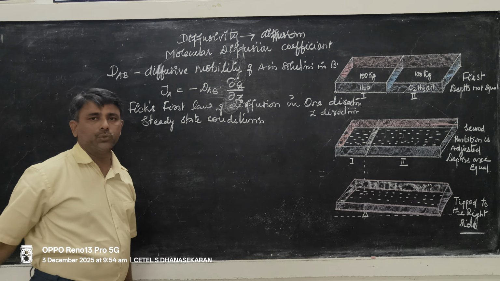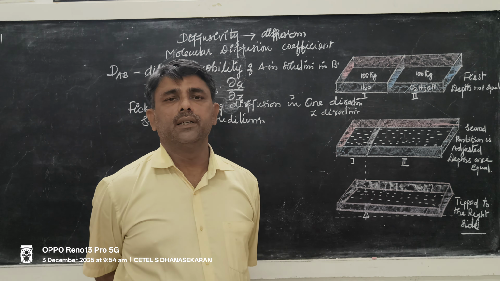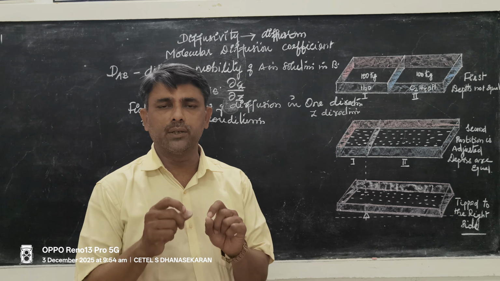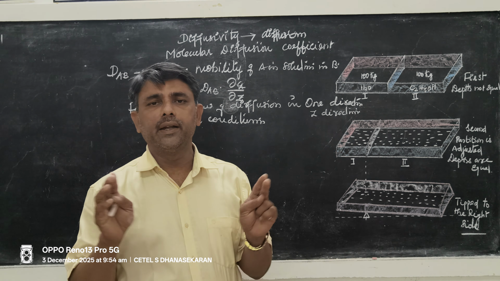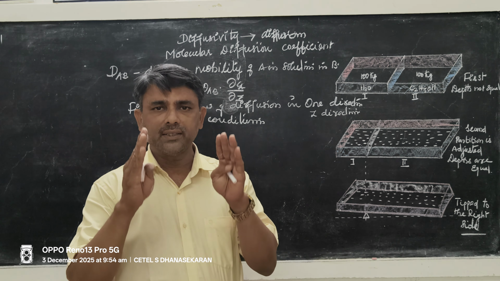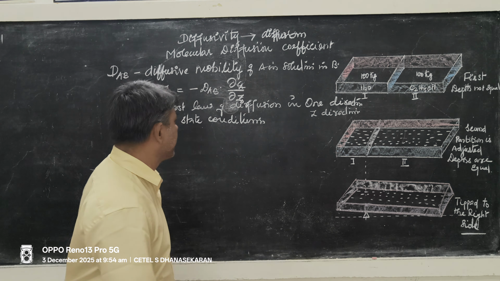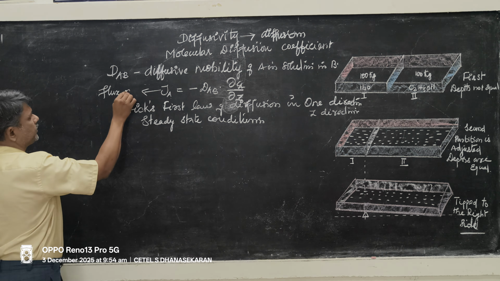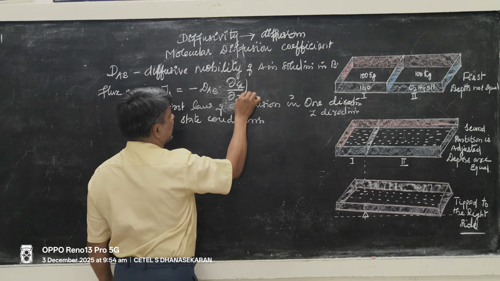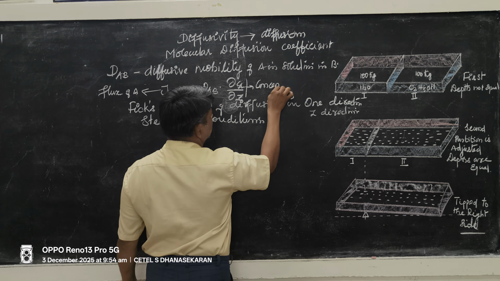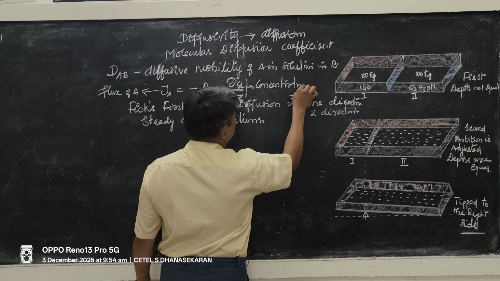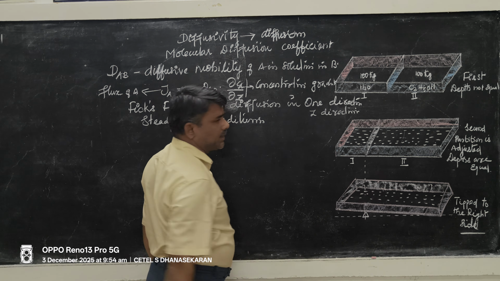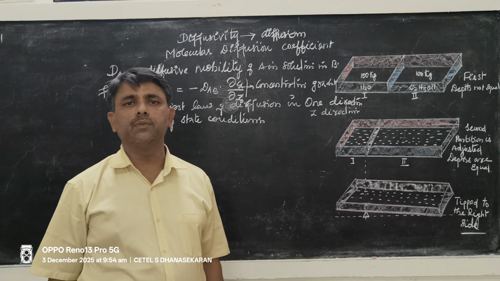Clear? So diffusivity or diffusion coefficient is a measure of diffusive mobility of component A in solution in B. It is a ratio of flux JA to its concentration gradient. JA stands for flux of A. This is concentration gradient. I already told you that concentration gradient is concentration difference with respect to distance.